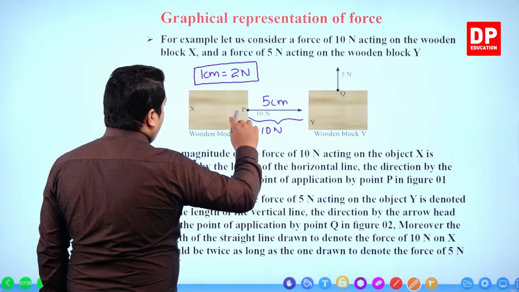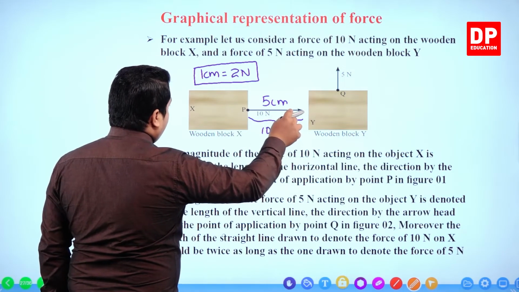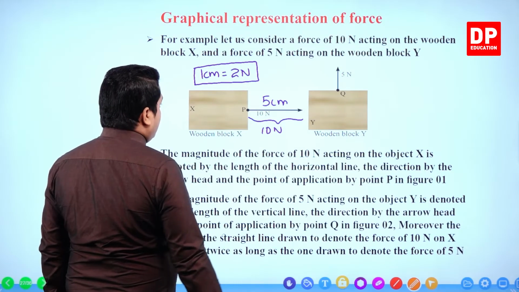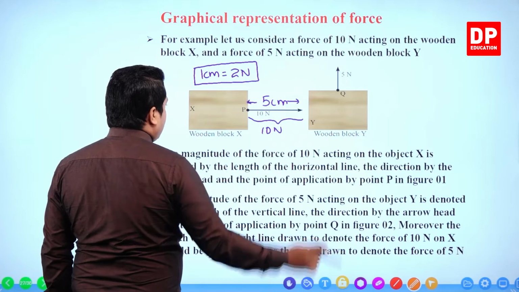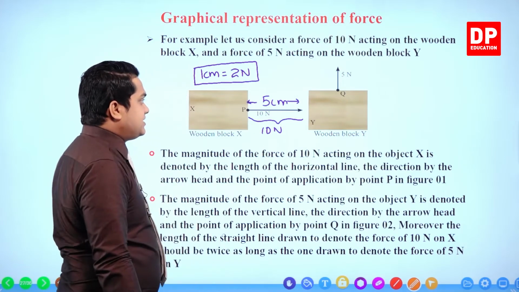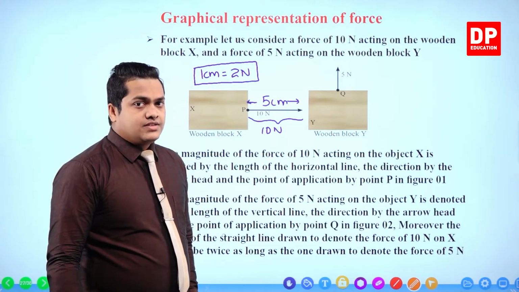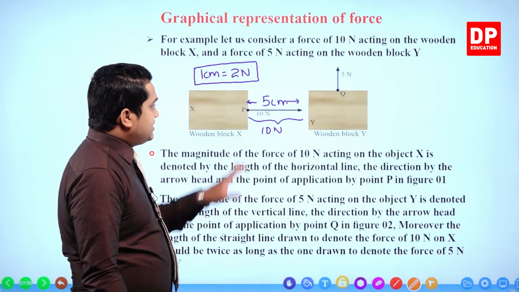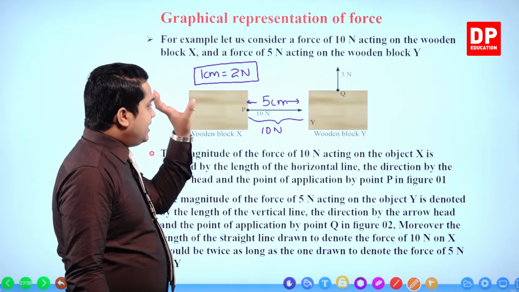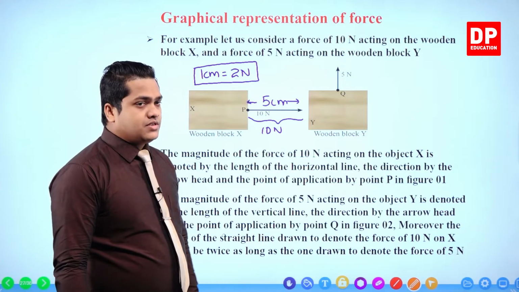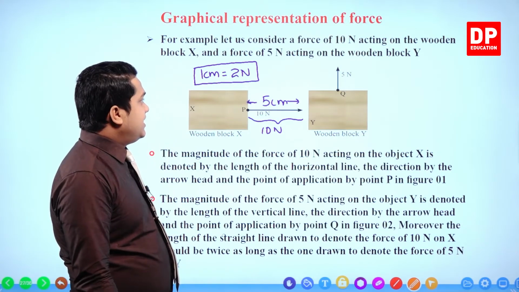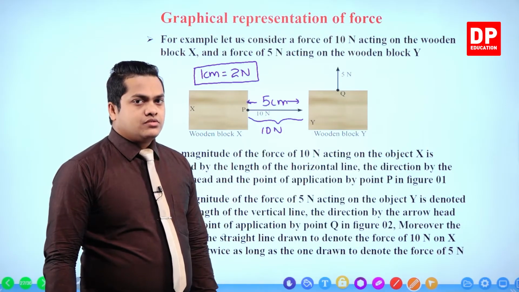So when you draw a 5 centimeter line, I'm just imagining that this is equal to 5 centimeters. It's not the actual value. I'm just imagining that this length is 5 centimeters. So if this 5 centimeters shows 10 Newtons of force, then our scale is 1 centimeter is equal to 2 Newtons.